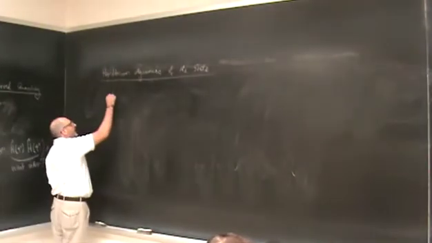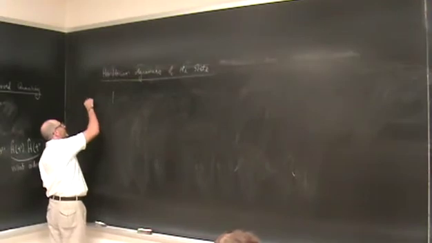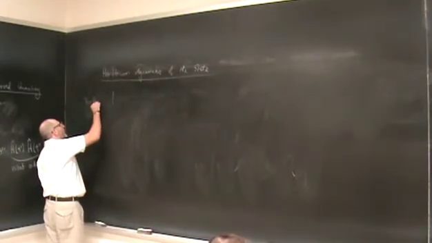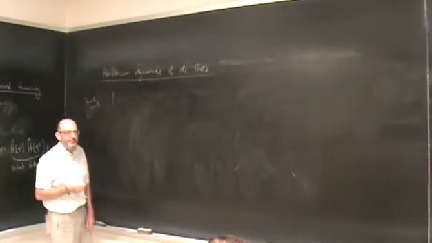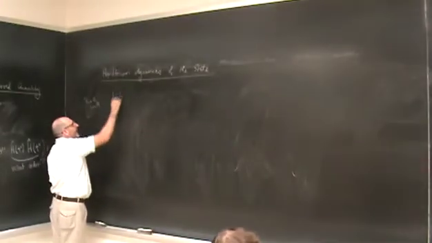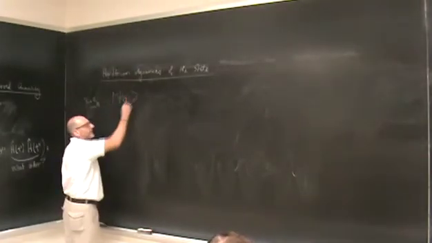How are we going to do that? Well, let's just consider a pure state. Almost always for the rest of the semester we'll talk about just pure states. We have the state at some time t.